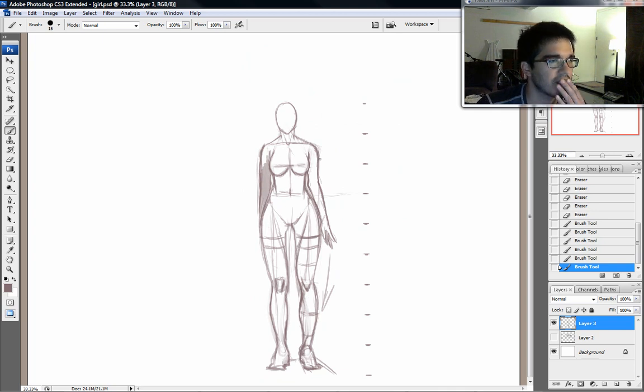I think it's because her shoulders are actually out further than they should be. Yeah, I think so. So let's see. Her shoulders should really be right around there. Let's fix that. And the hips will be more like that.